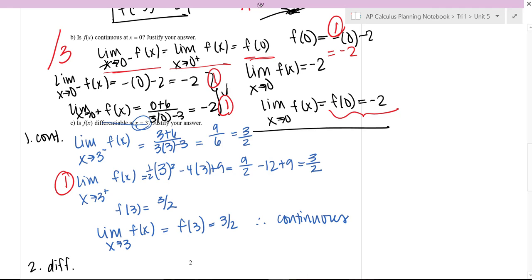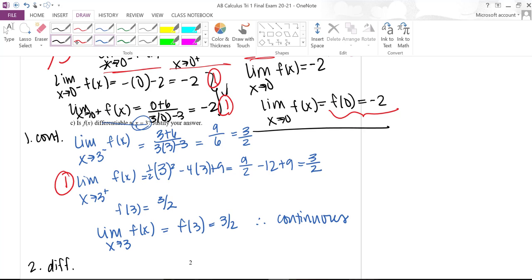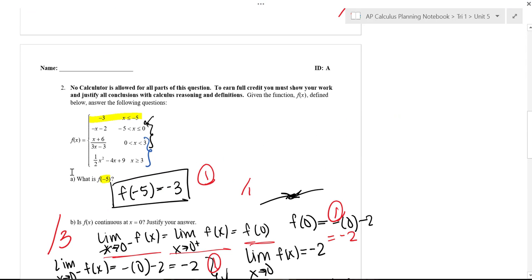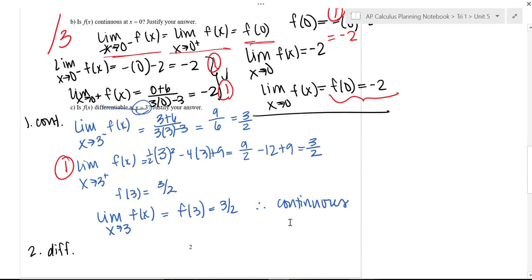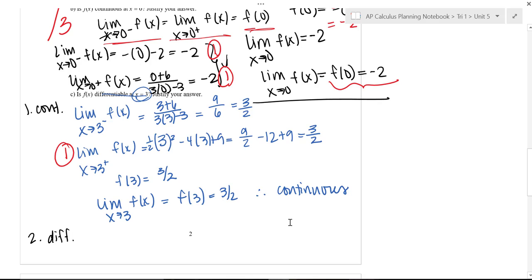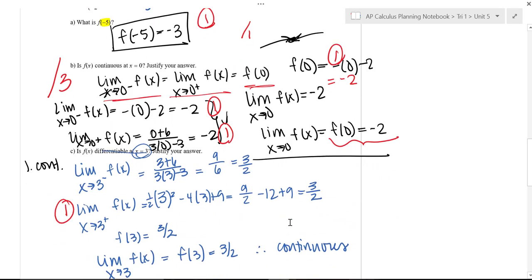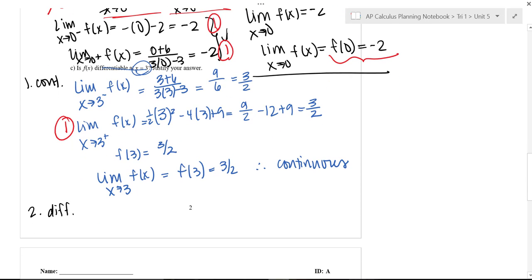We needed some sort of notation noting which two pieces of the function we're using, and that we're differentiating each one. Your teacher will probably talk to you more about the correct way to do this, but for now, what we needed to see was something like f of x equals, and I'm just going to write down the two pieces that we used.